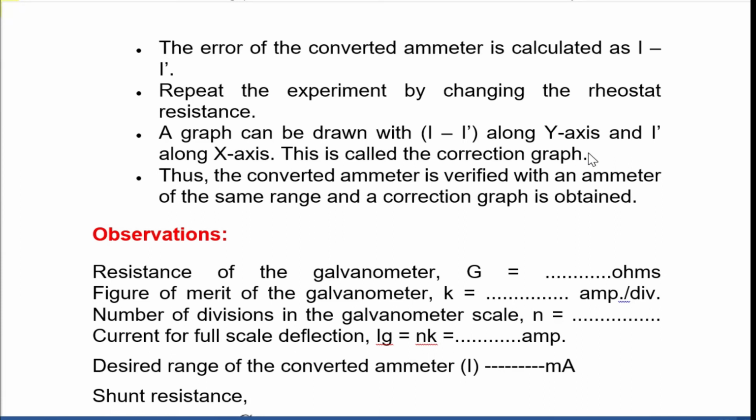Repeat the experiment by changing the rheostat resistance. A graph can be drawn with I minus I dash along y axis and I dash along x axis. This is called the correction graph. Thus, the converted ammeter is verified with an ammeter of the same range and a correction graph is obtained.